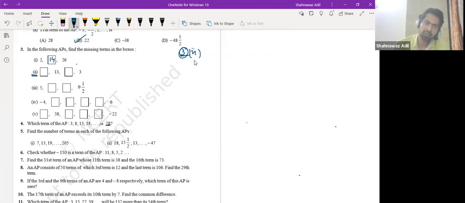So in this question, A is not given. A2 is given, which is 30, and A3 is also not given. I guess we did this problem.